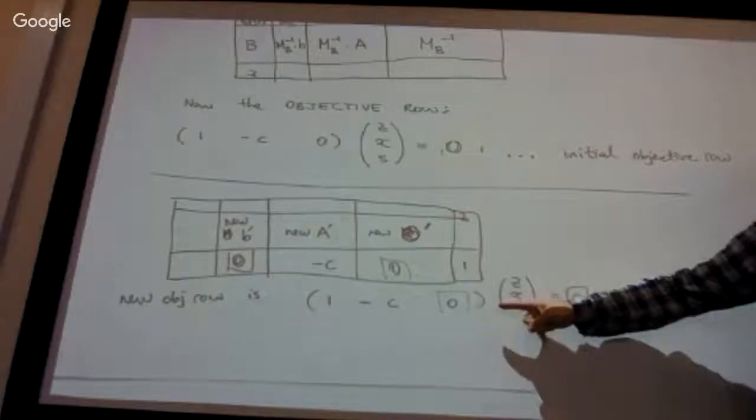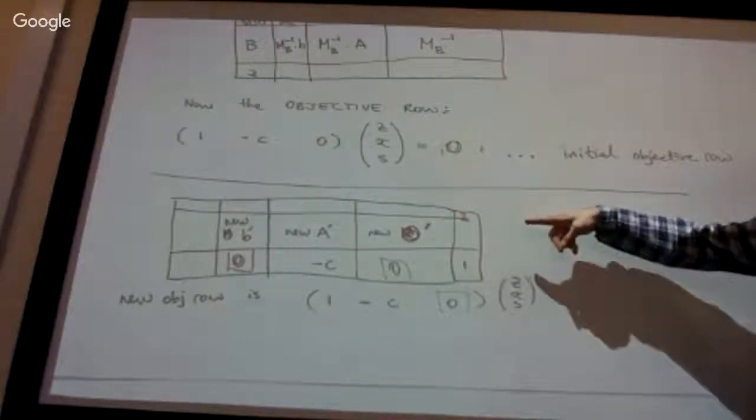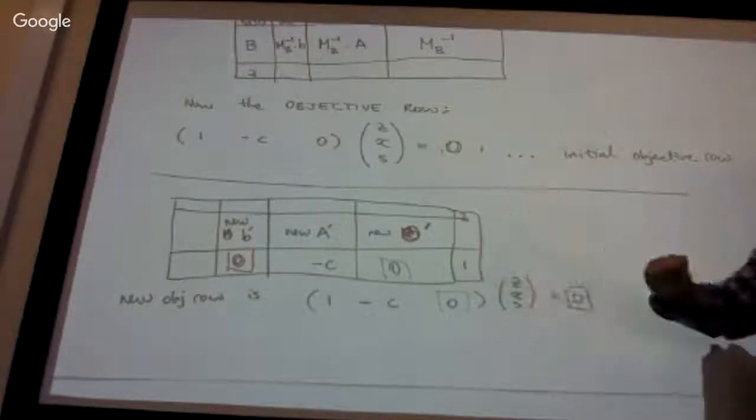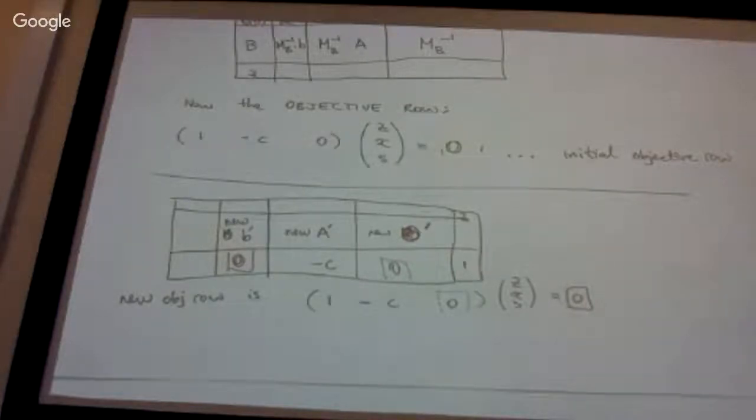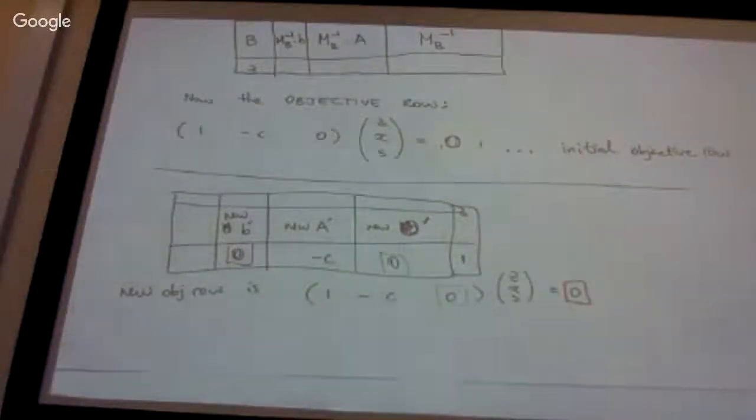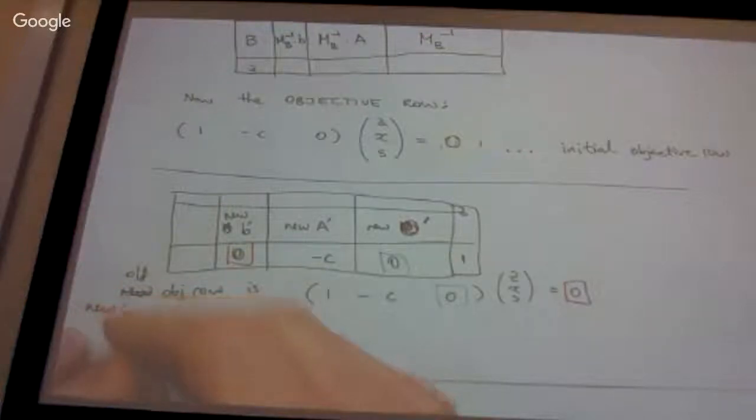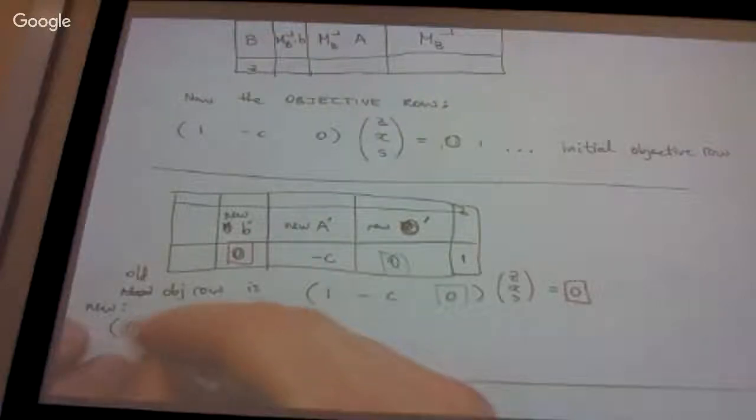What do I do with it? I take a multiple of a row. How do I get a multiple of a row? I need to express it as some sort of vector times the top. Okay, so this is the old, and the new is this. I take, there's plenty of zeros.